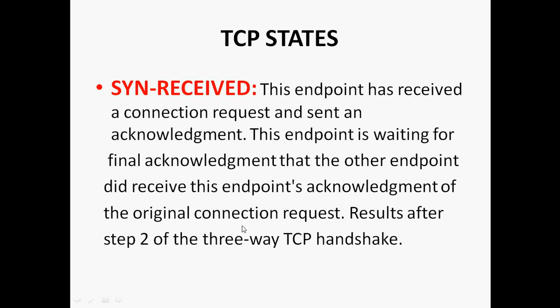The synchronize packet is sent, they get acknowledgement for the synchronize packet and send their own synchronize. They are waiting for the final acknowledgement sent from the client to the server. That time it will be in SYN-RECEIVED state. This is the result after the second step of the three-way handshake.